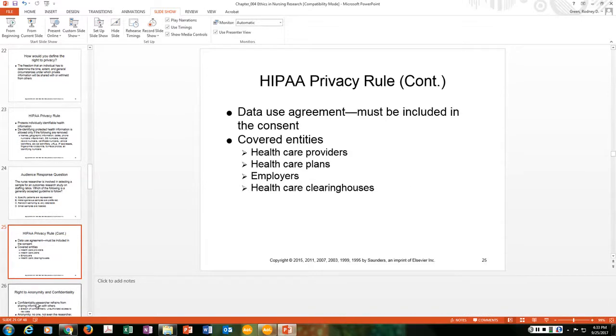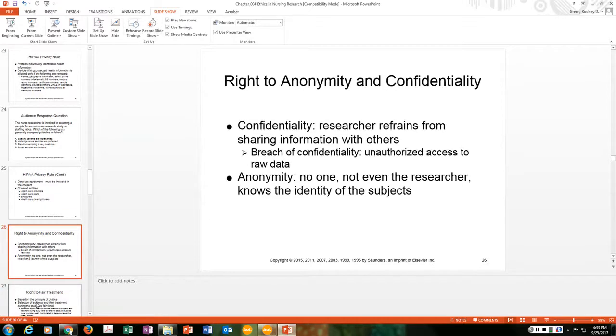Data use agreement. This must be included in the consent. Covered entities: healthcare providers, healthcare plans, employers, and healthcare clearinghouses. The right to anonymity and confidentiality. In confidentiality, the researcher refrains from sharing information with others.